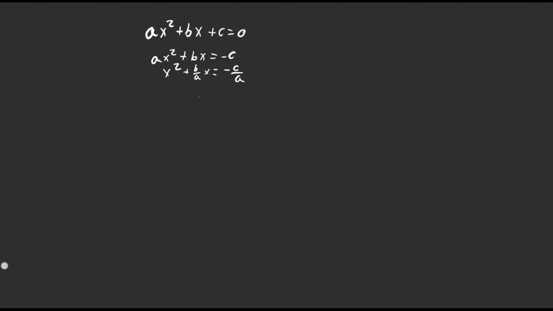And you can go ahead and divide b over a by 2, whereas we will get x squared plus b over a x plus b over 2a squared, and add it on both sides to maintain the equality.